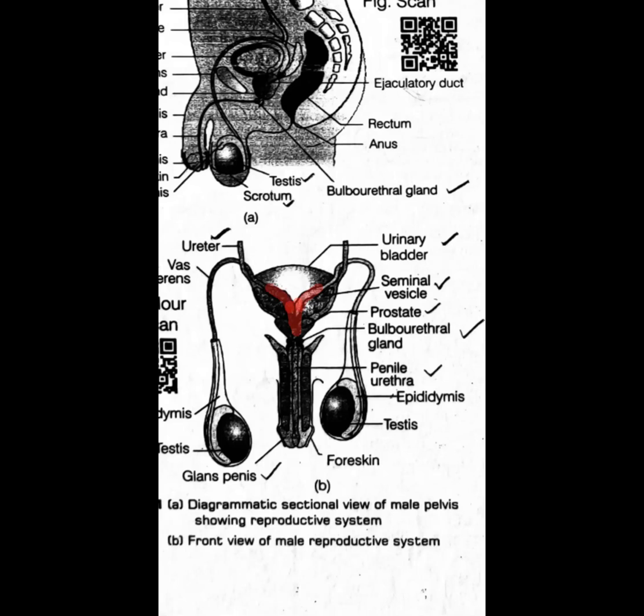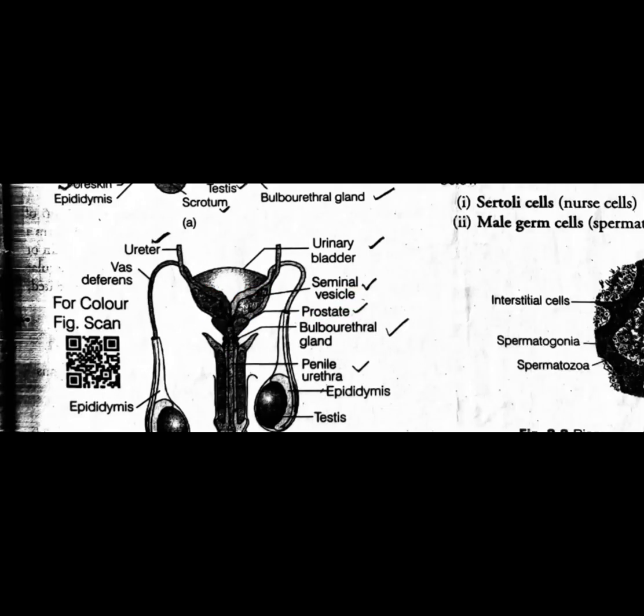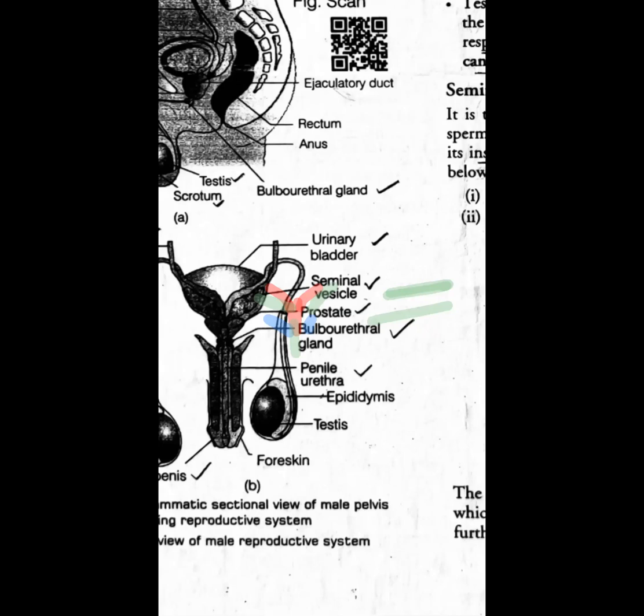Now, you do have the prostate gland over here and the seminal vesicle, which is a cloud-like structure over here. So seminal vesicle and prostate gland are the two glands which add their secretions in the urethra for the nourishment and protection of the sperm. Clear, students? Any doubt?